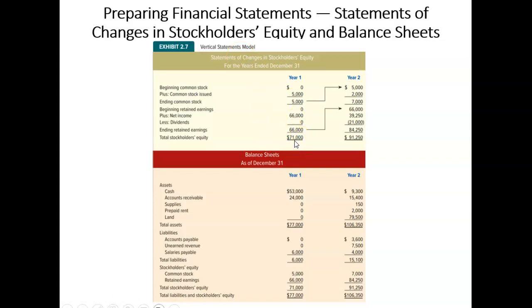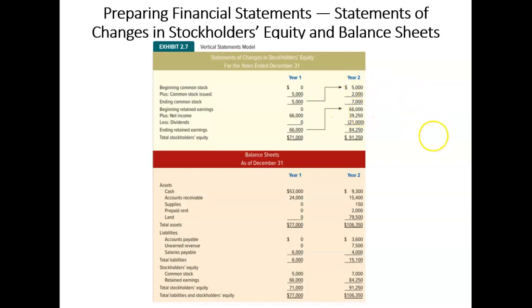All right. For our statement of changes in stockholders' equity, remember from year 1 that we had ending equity of $71,000. So now for year 2, your year 1 ending common stock becomes year 2 beginning common stock. We did issue additional shares of common stock. $66,000 was the year 1 ending retained earnings, which becomes beginning retained earnings for year 2.